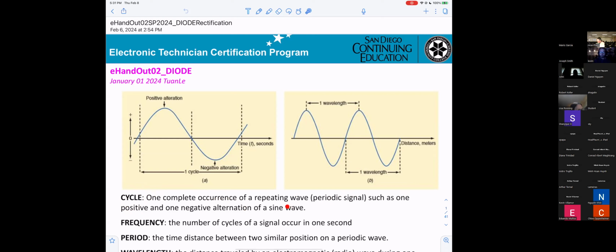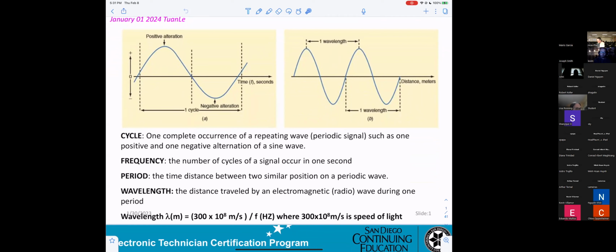That's one cycle. Frequency: the number of cycles of a signal that occur in 1 second. Period: the time distance between two similar positions on a periodic wave. Wavelength is just for RF, and we don't want to confuse it right now.